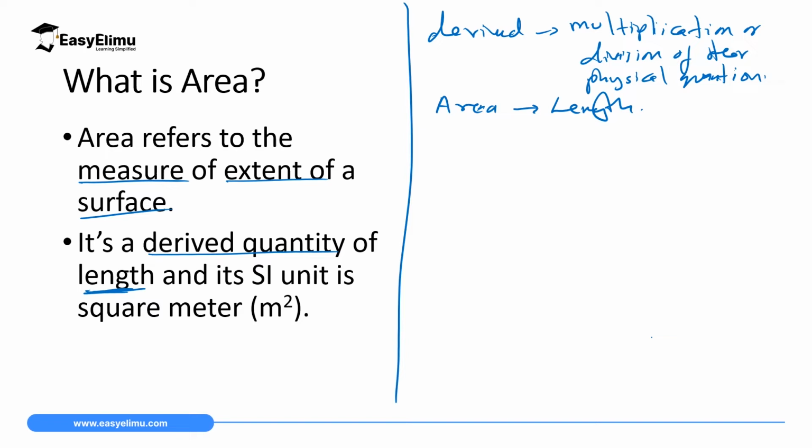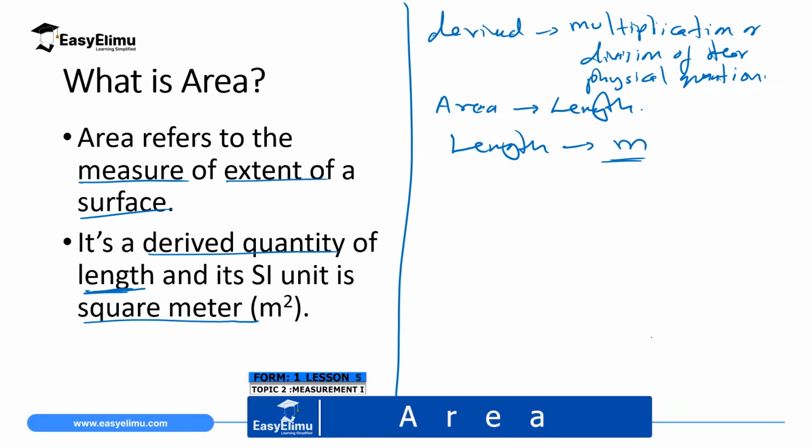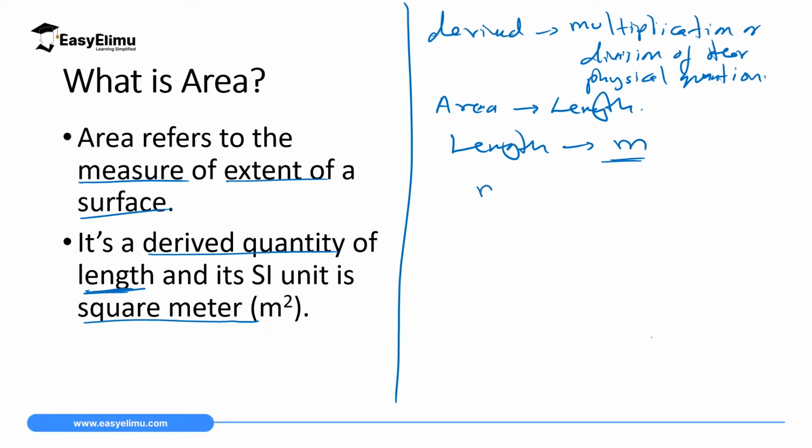The SI unit of area is the square meter. Now, if length, its SI unit is the meter, which is written as m. What are we going to do to m so that we get a square meter, or a meter squared? What you're going to do is get m, which is length, times another length, and you get m squared.